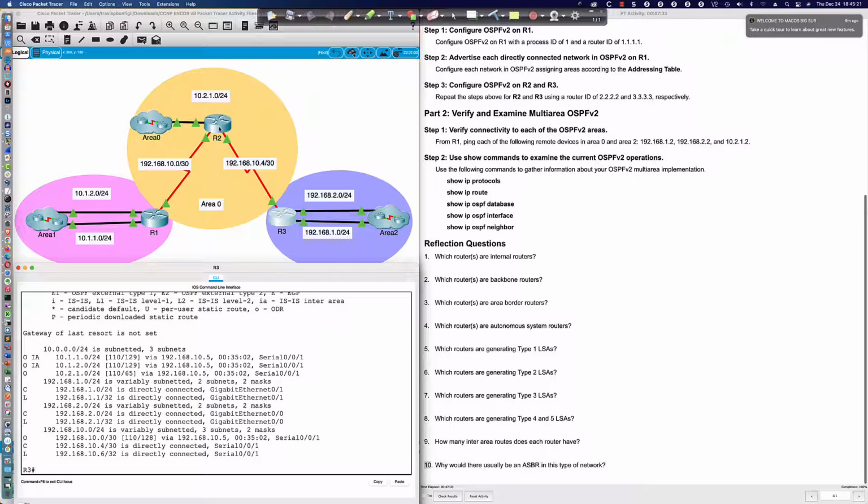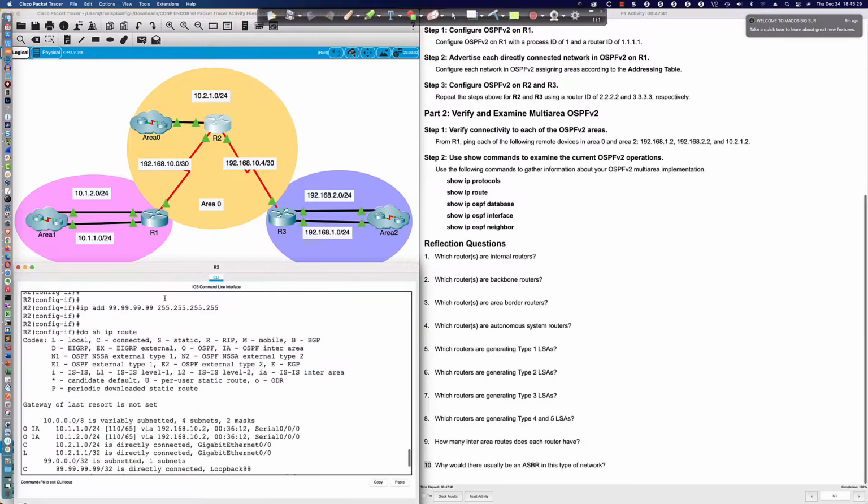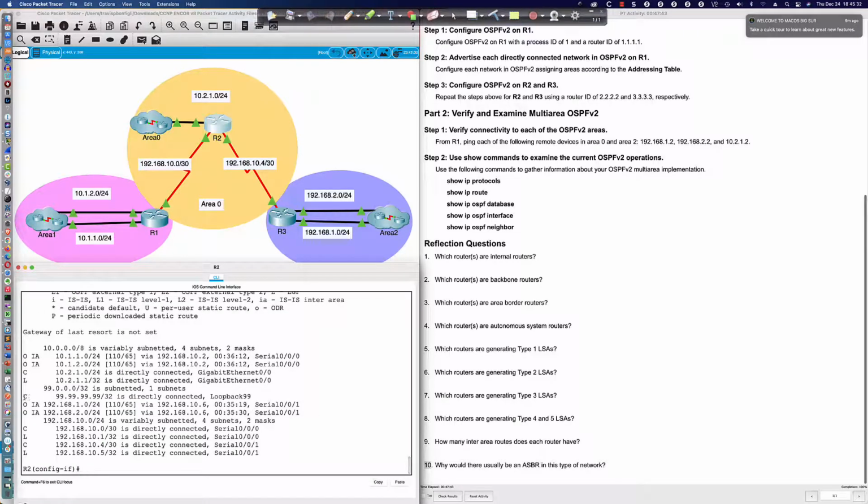It's a directly connected interface, right? So if I say do show IP route, you can see here's the 99. It is directly connected. That's how loopback addresses are seen on routers. They are seen as directly connected interfaces. Again, they're virtual, but they're seen as if they were directly connected.